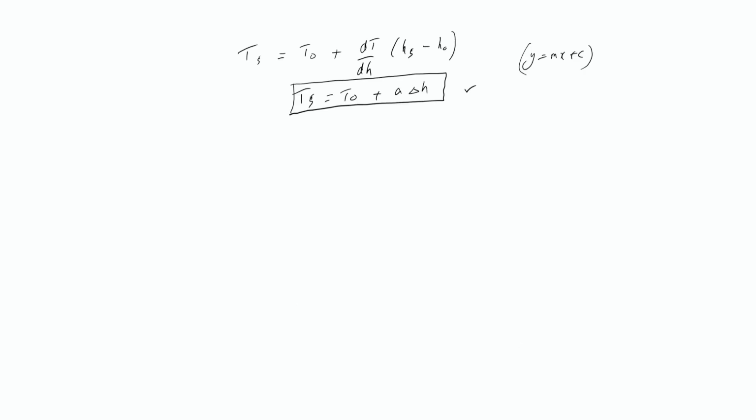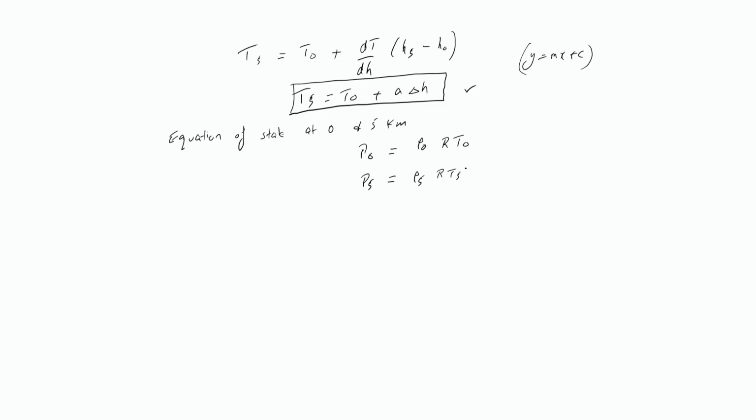Now let us find density. Let me again write the equation of state at 0 and 5 kilometers. P naught equals rho naught R T naught, and similarly at 5 kilometers P5 equals rho 5 R T5.